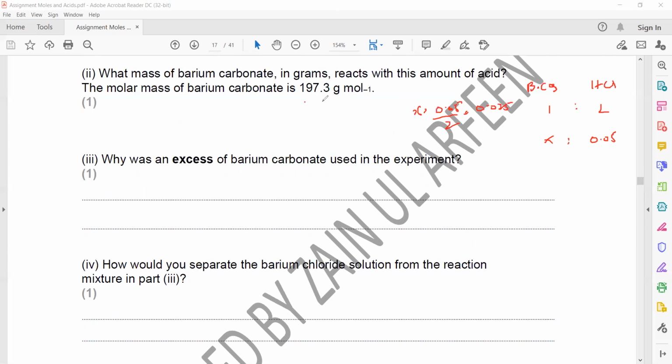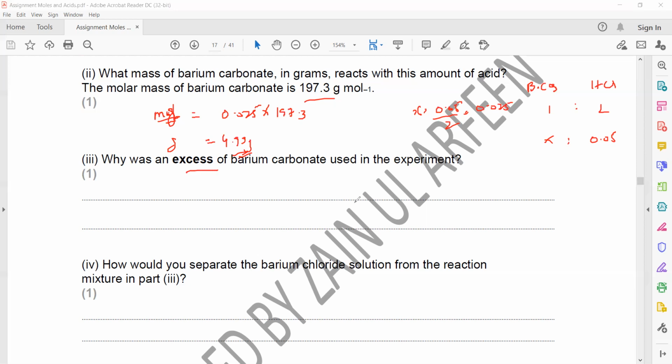Then we multiply by the molar mass. So 0.025 times 197.3 gives the mass in gram for barium carbonate, which will come out as 4.93 grams. When you write your answer, use three significant figures.